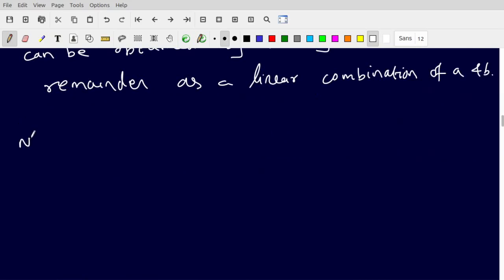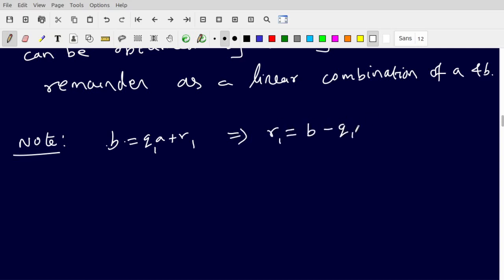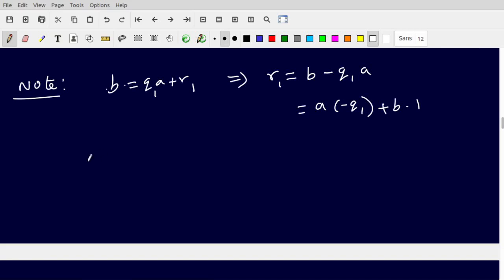How do you find the linear combination of A and B from the first equation? A equal to Q1 B plus R1. In this equation R1 is written as A minus Q1 B. So A times 1 plus B times minus Q1. This is a linear combination of A and B.